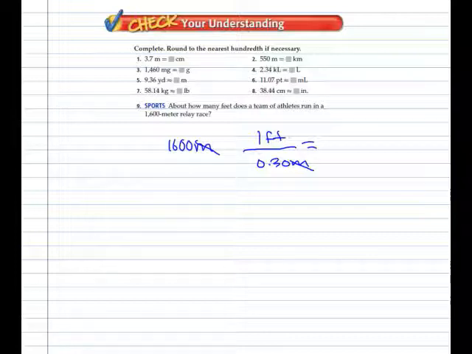I then take 1,600 divided by 0.3, which gives me 5,333.33 feet.